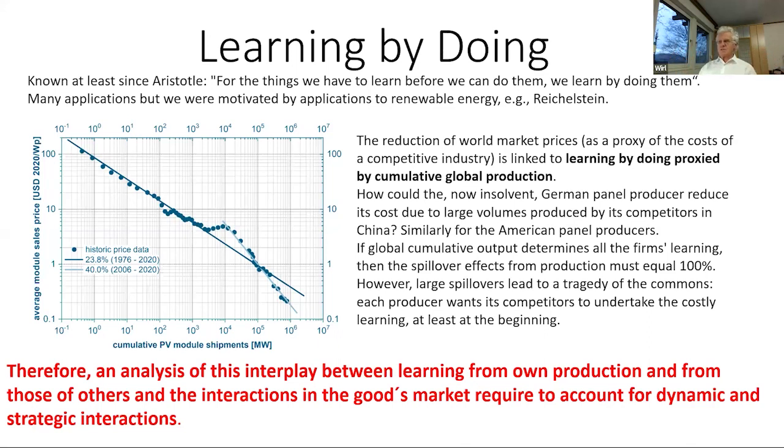And we thought, look, this is strange, or at least if you believe in this kind of charts, you need at least analyze the interplay between learning from own production and those of others, and the interaction in the goods market. And to account for this requires to account for dynamic and strategic interactions.